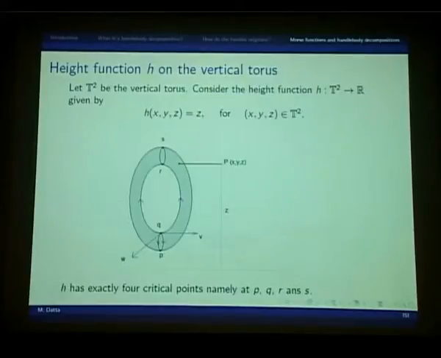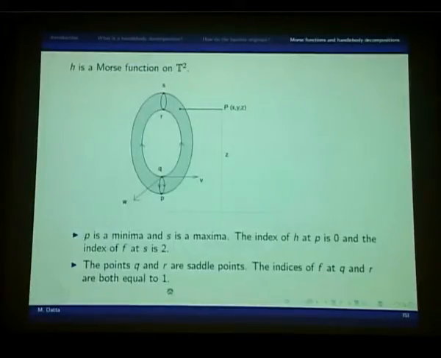Just looking at the picture, we can say that it has exactly 4 critical points. The critical points are shown by P, Q, R and S. Why is P a critical point? Because it is the absolute minimum for the function h.